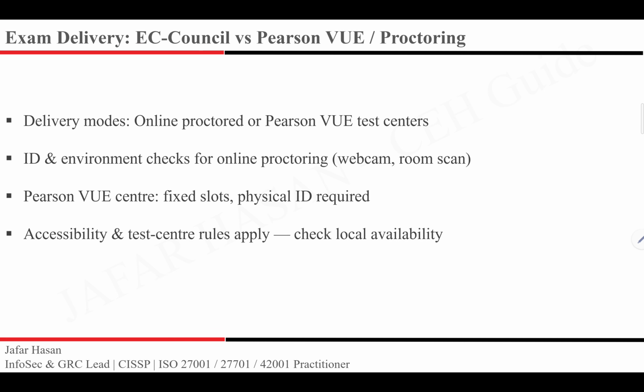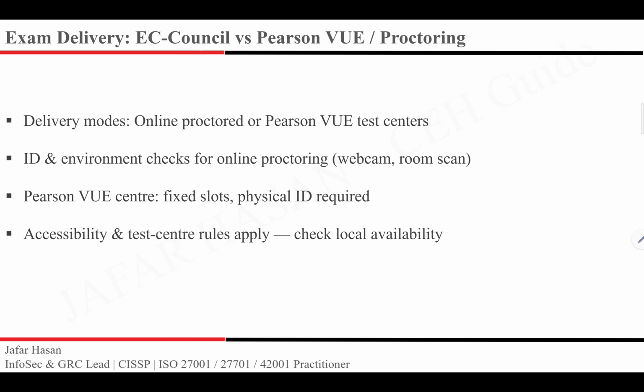So you can take the CEH exam either at a Pearson VUE center or online at your home with a proctor. It's a remote proctoring system. So if you are taking it online, make sure your desk is clean, background is neutral, camera and mic are working, because the proctor will ask for a room scan to confirm you are not using any unauthorized material.